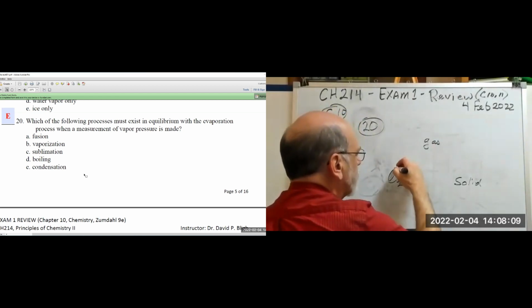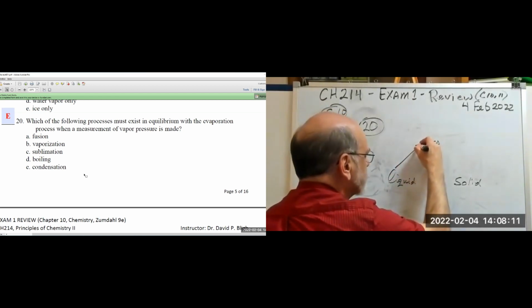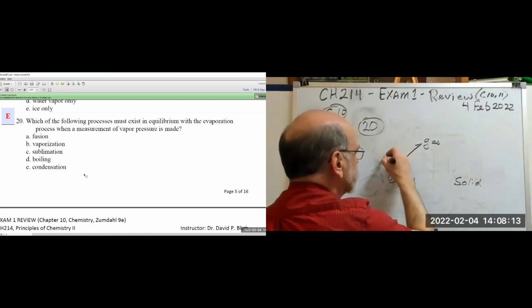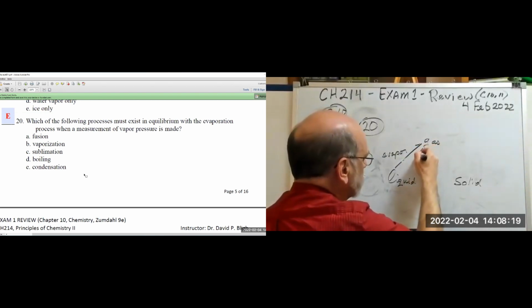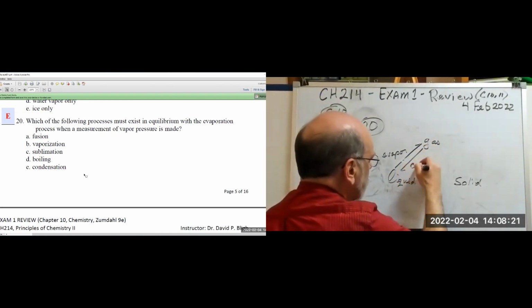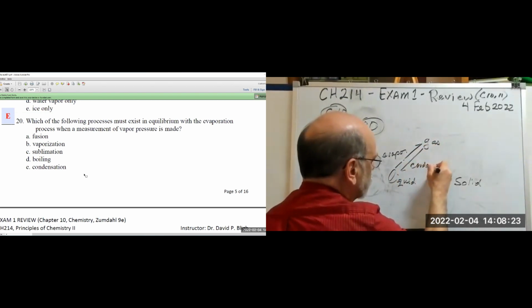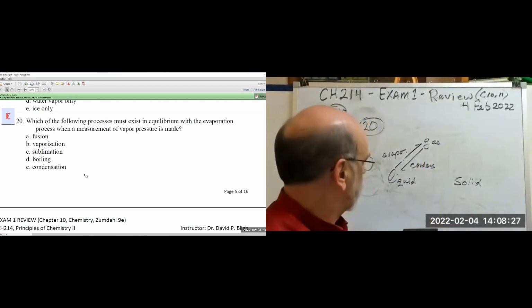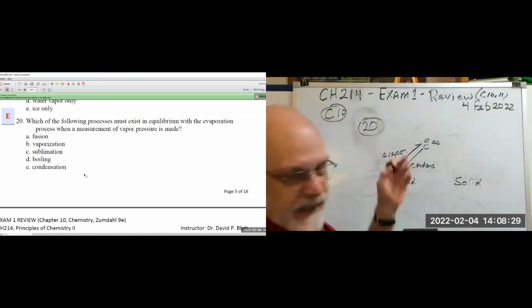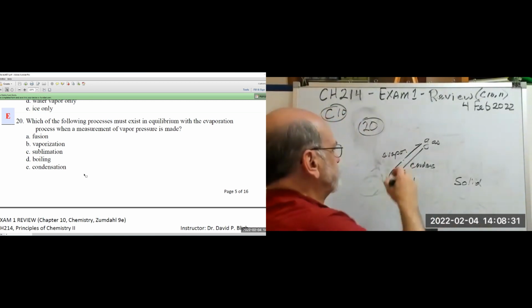So if we go from liquid to gas, that's called evaporation. And if we go from gas to liquid, that's called condensation. Well, liquid to gas, we could say that's boiling also.